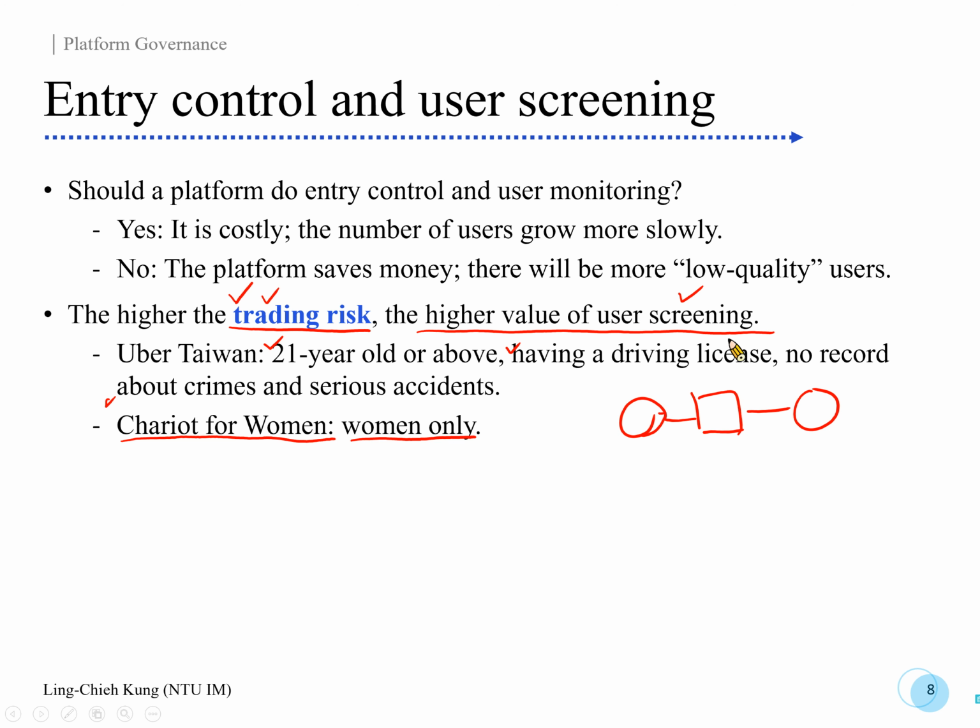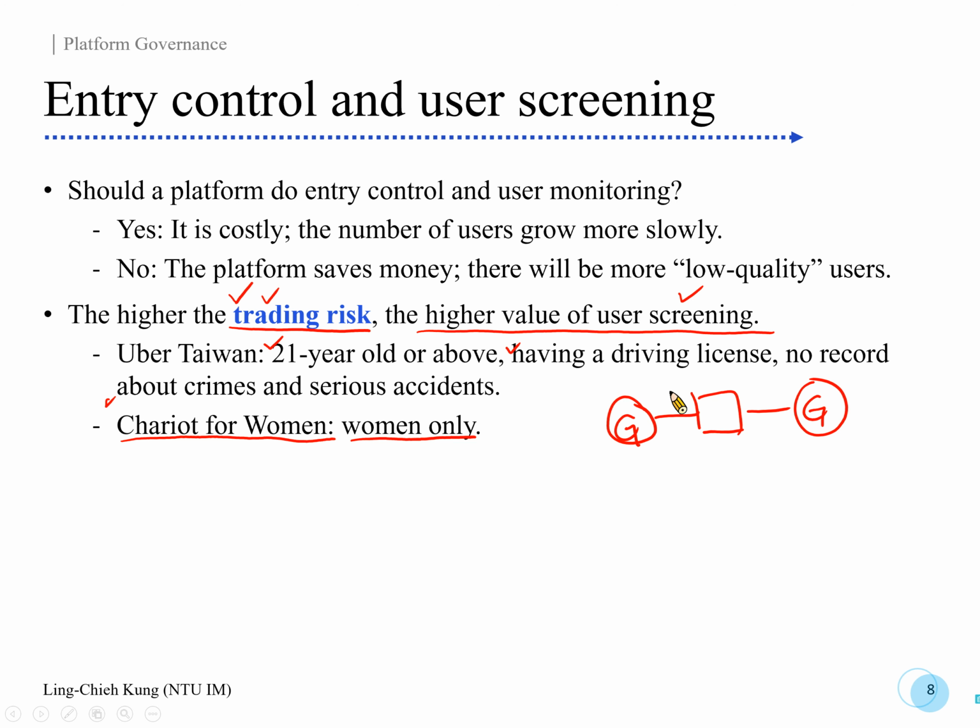Why does this platform want to ignore the other half of the people in the world? Probably because in some countries, it's not so safe for a girl to sit in a car driven by a boy. In that case, it would be more convincing and make people comfortable that both sides are girls or women, so that a girl may feel safe to enter the other's car.